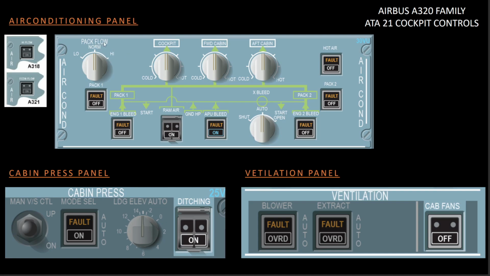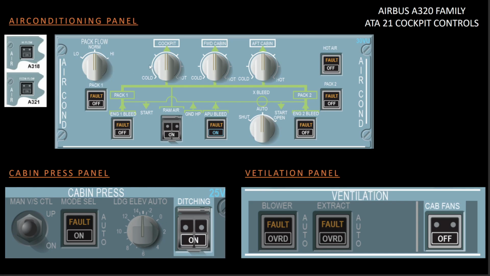This pack flow selector is applicable to A319 and A320 aircraft, but on the A318 you will have a push button identified with a high flow title. In the A321 you have a push button identified as econ flow. I'll explain the functions of the push buttons as well as the rotary selector later.